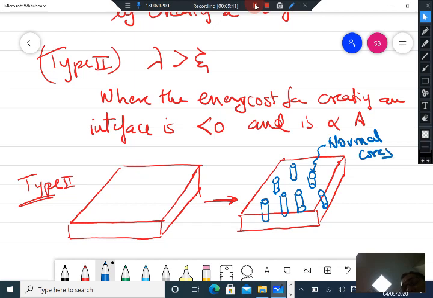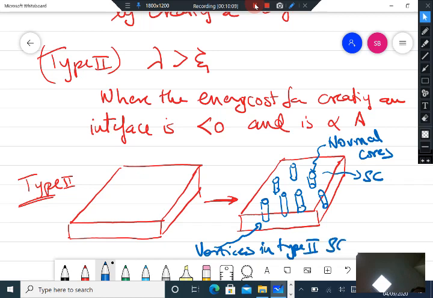Their cores are normal, but all around them they are surrounded by superconducting regions. So you have small normal cores which are generated inside the superconductor, and all these normal regions are surrounded by superconducting regions. So these are called vortices in type 2 superconductors.